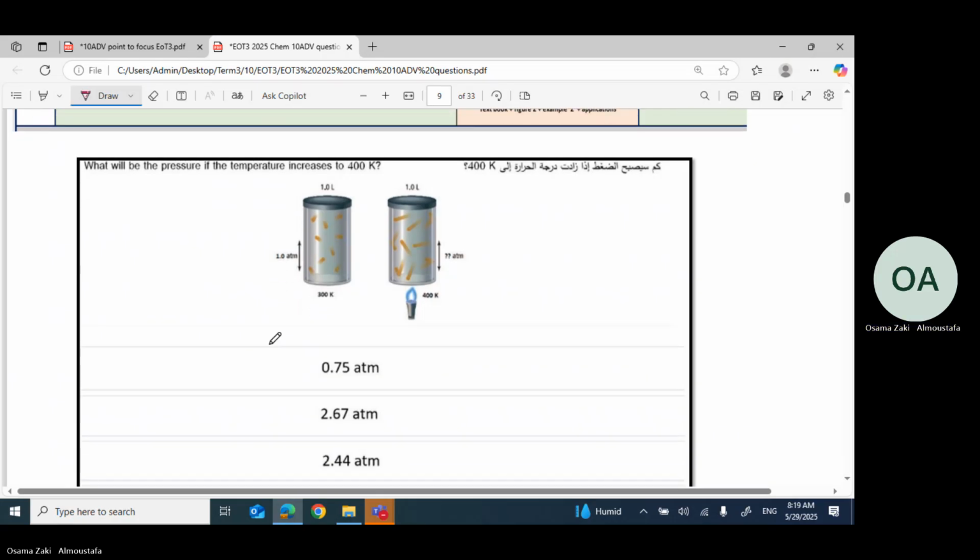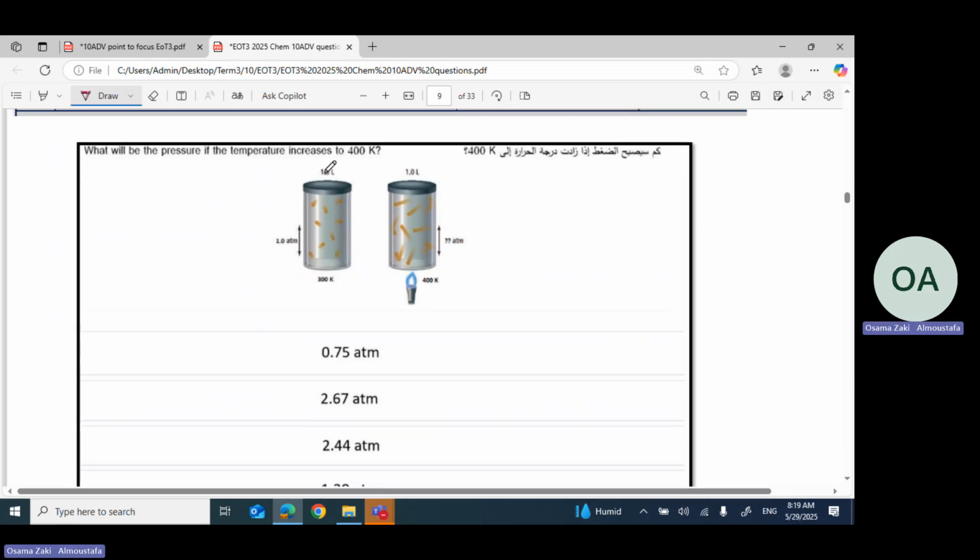Okay, here. Look at the volume. 1 liter, 1 liter. So volume is constant, as you see, so we have to cancel it out. So this is P1, this is T1, P2 we don't know, unknown, and this is T2. So the formula is P1 V1 over T1 equals P2 V2 over T2.